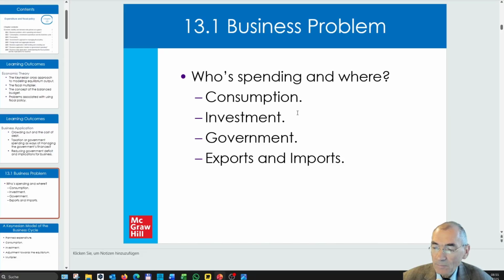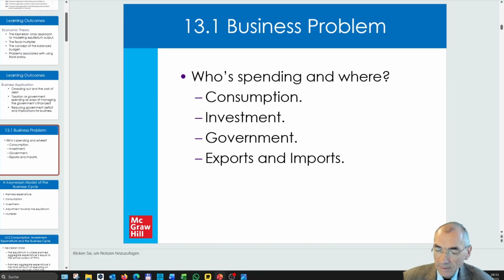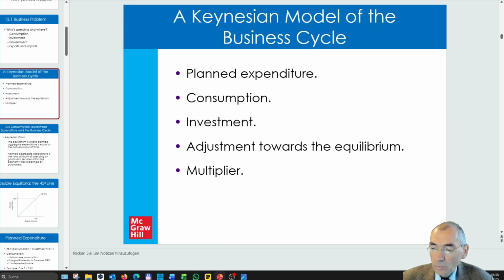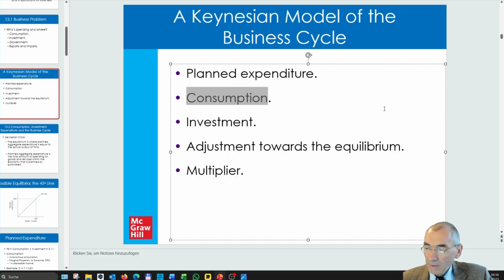And so we come back here, and that's in fact a starting point for the Keynesian theory. Yeah, names here or concepts that we are going to talk about. We're going to talk about mostly consumption as a part of what Keynes calls the planned expenditure.